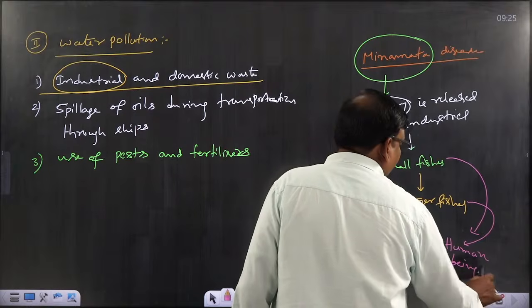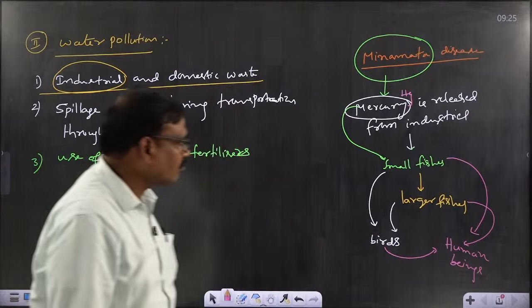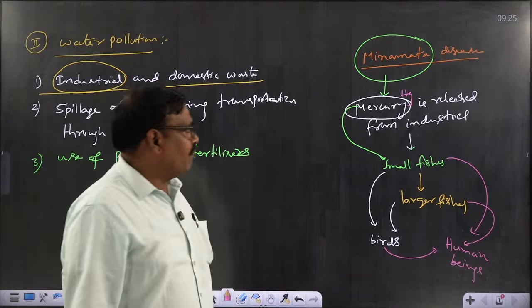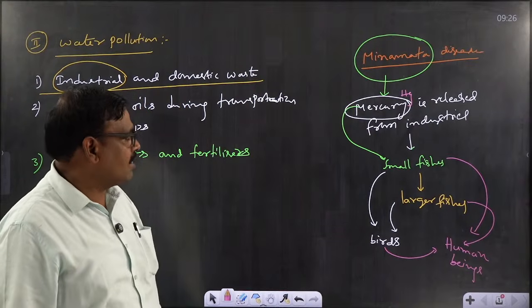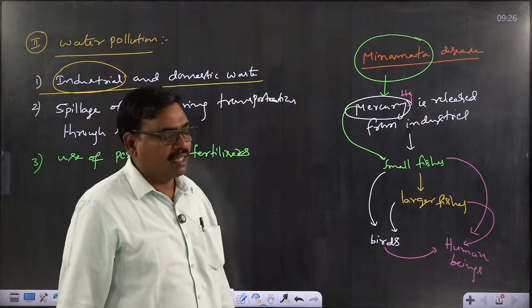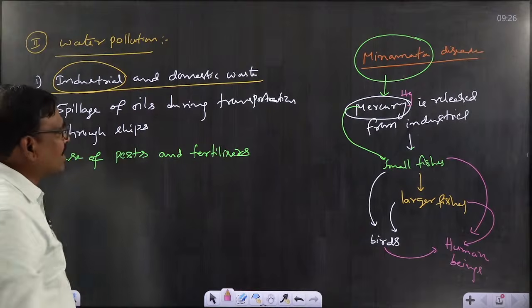In this way, the mercury will enter the food chain. This defect was identified at the Bay of Minamata. That's why the disease obtained in this way is nothing but Minamata disease. So that is mainly due to industrial waste.